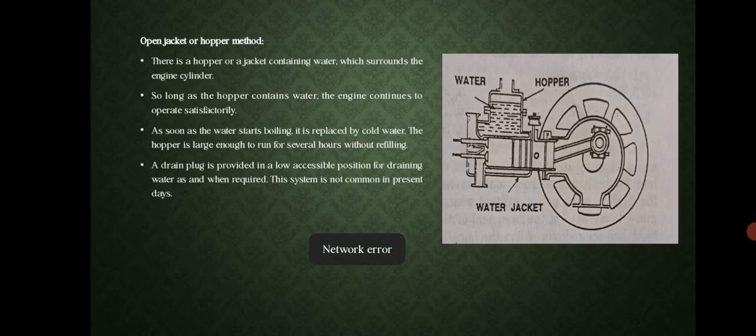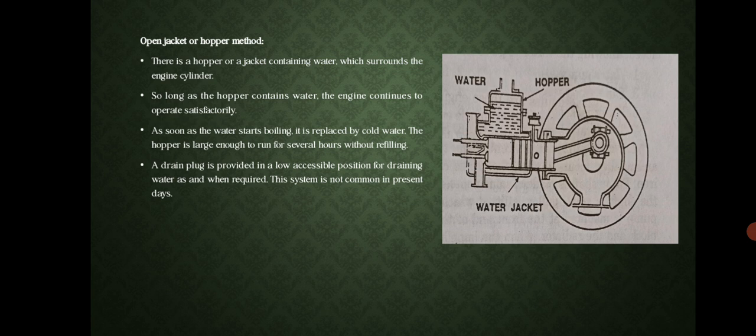First, the open jacket or hopper method. There is a hopper or a jacket containing water which surrounds the engine cylinder. So long as the hopper contains water, the engine continues to operate satisfactorily.